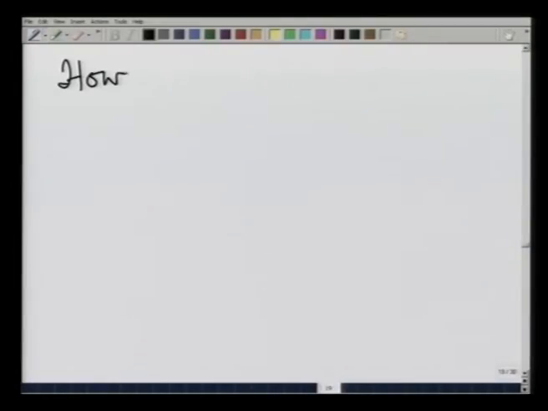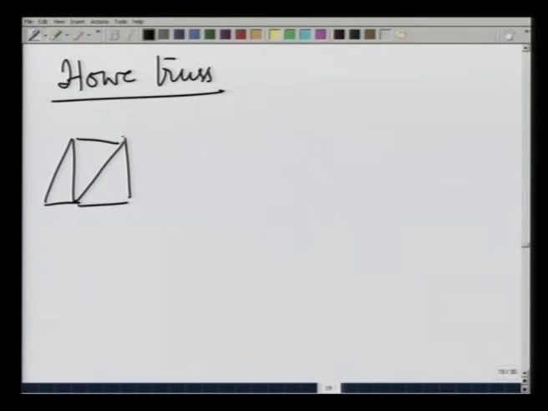The other one is the Howe truss, which is like the Pratt truss, except that the fixtures are the other way.